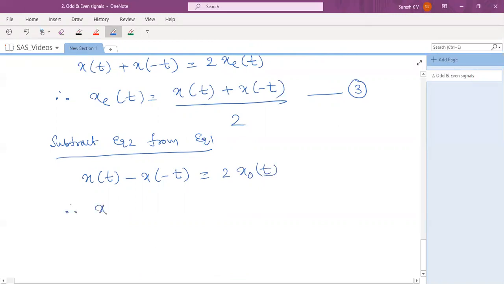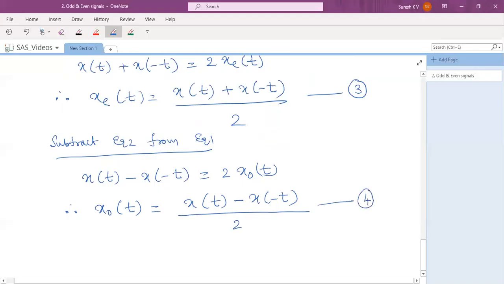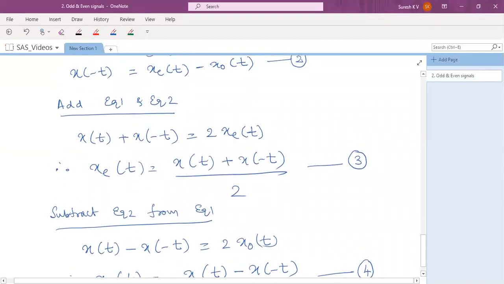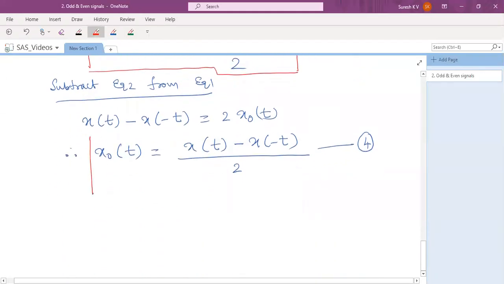Therefore, the odd portion of the signal xo of t can be expressed by using the equation x of t minus x of minus t divided by 2. So this equation can be used to determine the odd portion of the signal. So whenever a signal is given, we can now decompose it into its even portion by using this equation and odd portion by using this equation. So this is how we can determine the even and odd portion of a given signal.